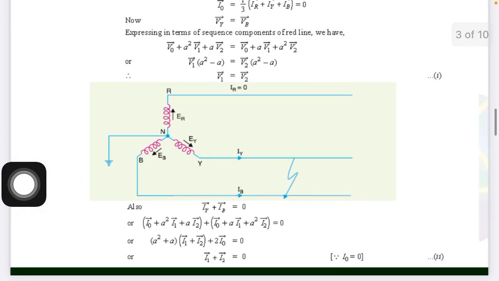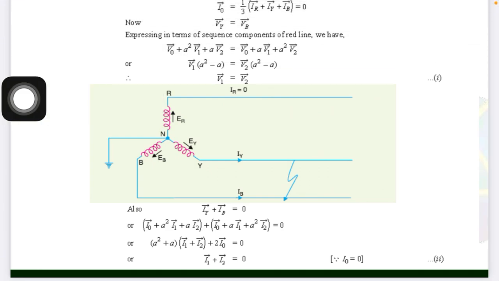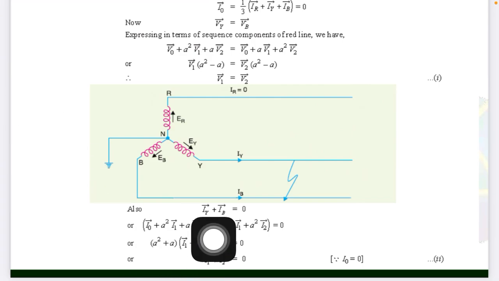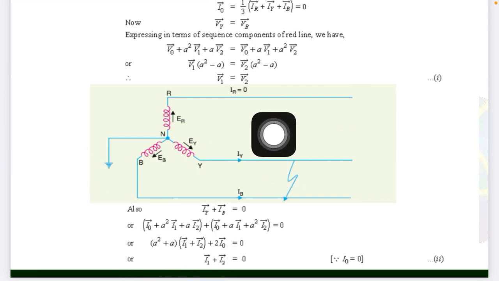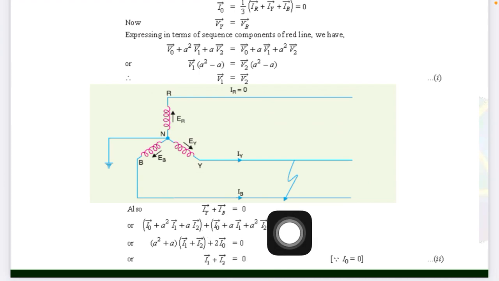For the current case, we are clear that the phase voltages of the faulty phases are equal, and the current flowing from the healthy phase is 0. Whatever current flows in the system is Iy plus Ib, where Y and B are the faulty phases, and Iy plus Ib is equal to 0.